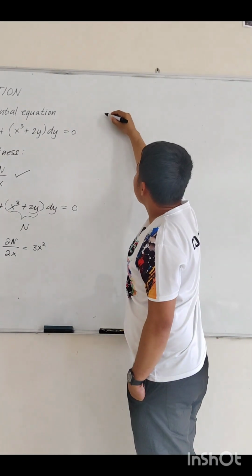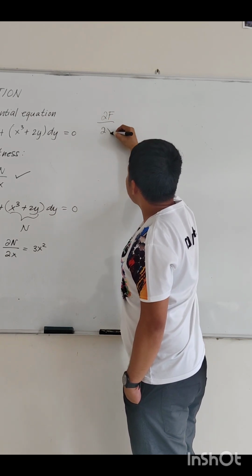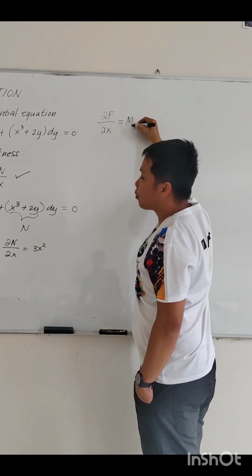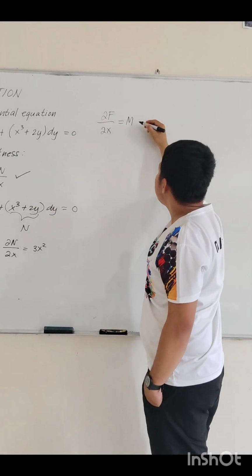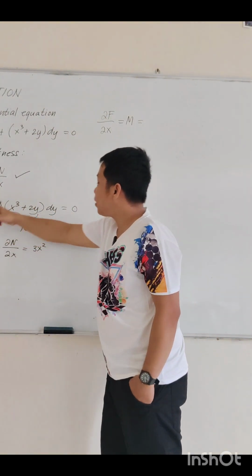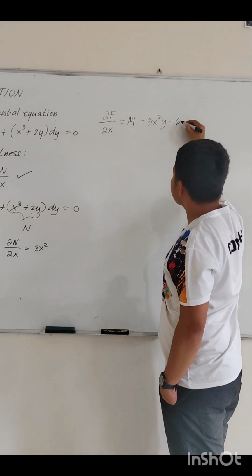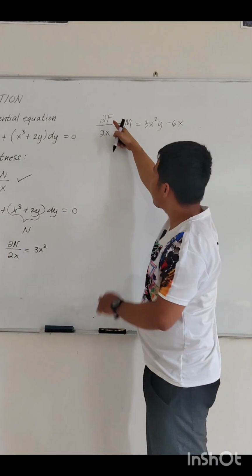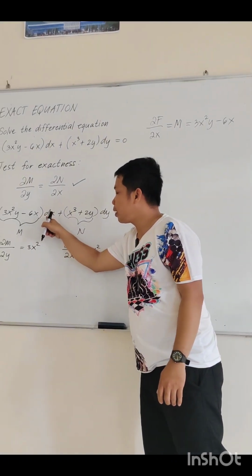So, ganito, meron tayong partial of f with respect to x, this is equal to M. Okay? So, what is the function of M? M is 3x squared y minus 6x. O, bakit partial of f with respect to x? Kasi yung M natin ay kasama si dx.